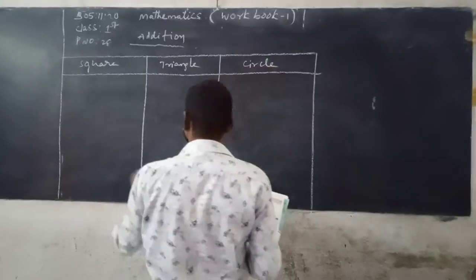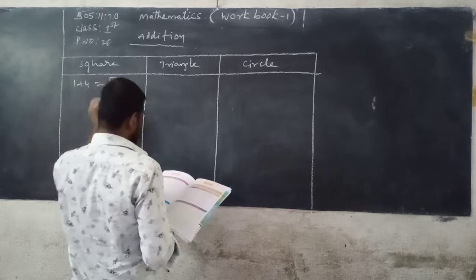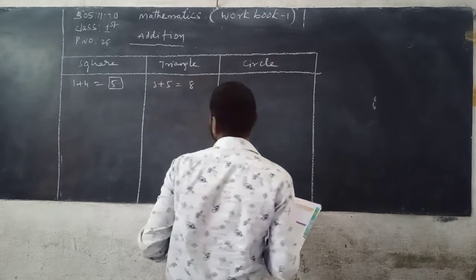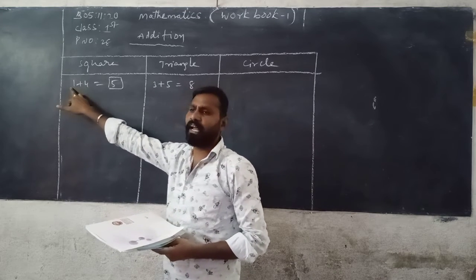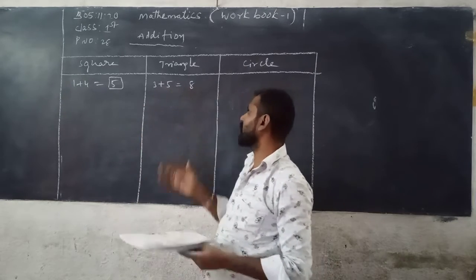See here, 1 plus 4 you can get 5. 3 plus 5 you can get 8. See, keep the bigger number 4 in your mind and 1 in your hand. 4 plus 1 or 1 plus 4 you can get 5. Next 3 plus 5 you can get 8.